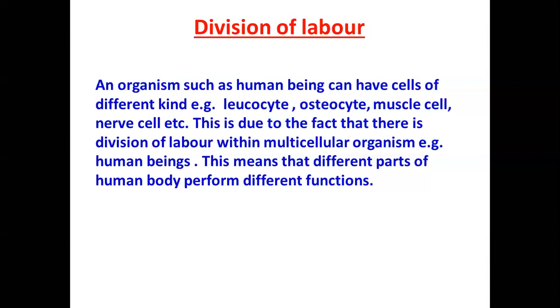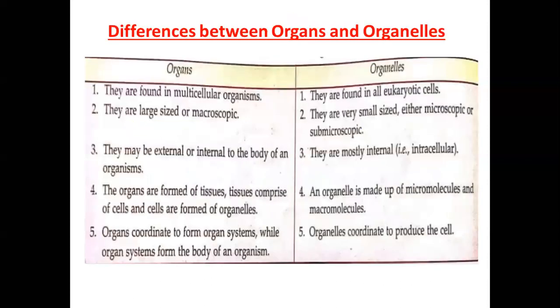So we have to differentiate on this basis what is cell organelle on the basis of labor and what is organs. So let's see. Organs are found in multicellular organisms. Organelles are found in all eukaryotic cells.